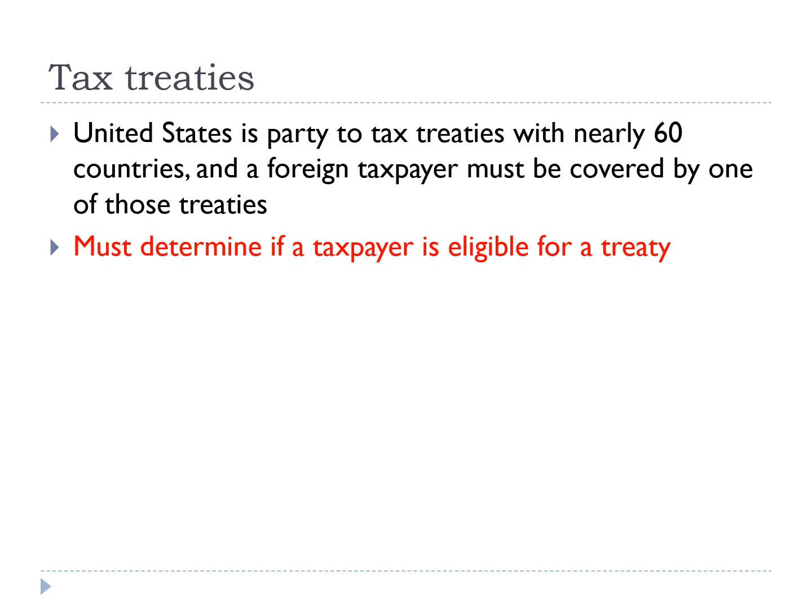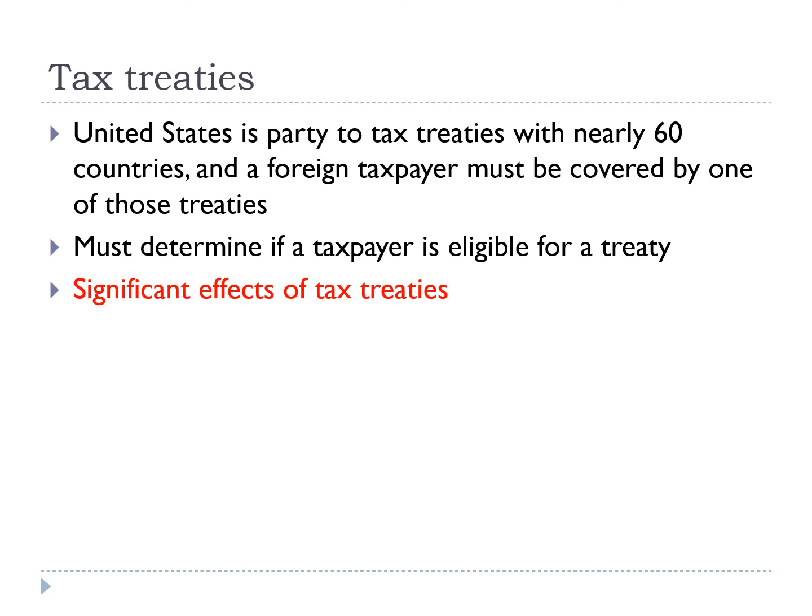A taxpayer can apply a treaty if the taxpayer is eligible to use the treaty of the taxpayer's country of residence. In certain cases, even if a taxpayer is a resident of a country with which the United States has a treaty, that taxpayer cannot claim the benefits of that treaty. Finally, we have to determine how the particular tax treaty applies to a particular transaction. All treaties have differences, some minor and some major.